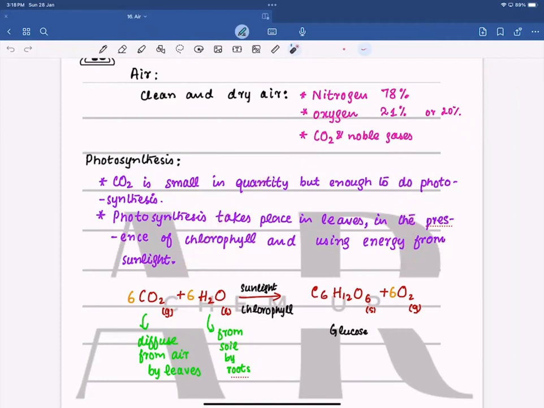So see, in this way, carbon dioxide is being released and used up from the environment, and in the same way, the oxygen is also being released and used up from the environment. So there is an ongoing cycle which is continuously going on.